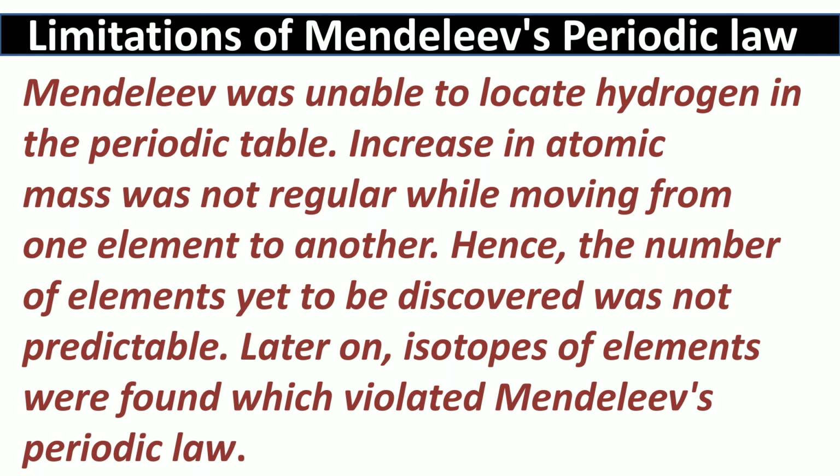Later on, isotopes of elements were found which violated Mendeleev's periodic law. So these are the limitations of Mendeleev's periodic law, and that requires the development of the modern periodic table, or the latest periodic table, that will be discussed in my coming video.